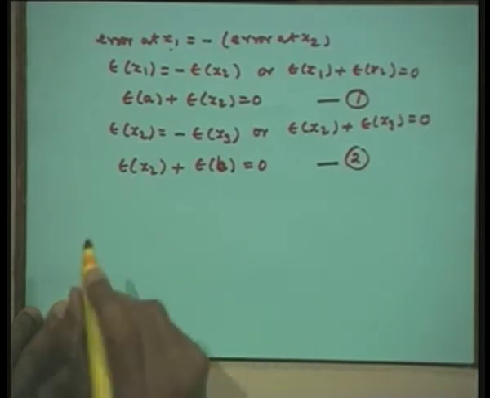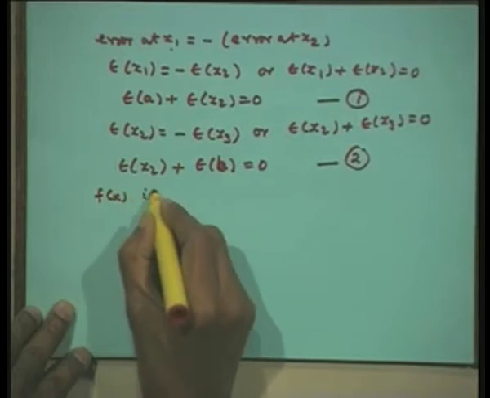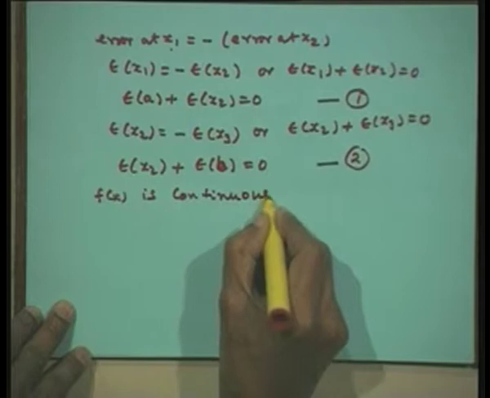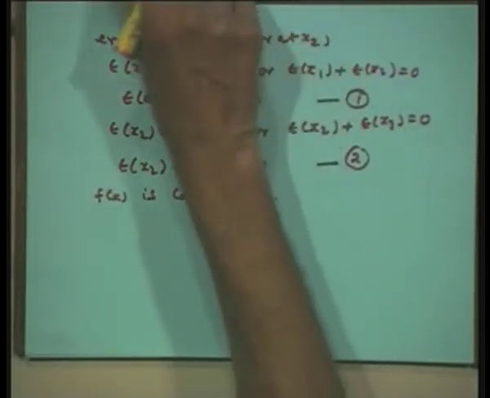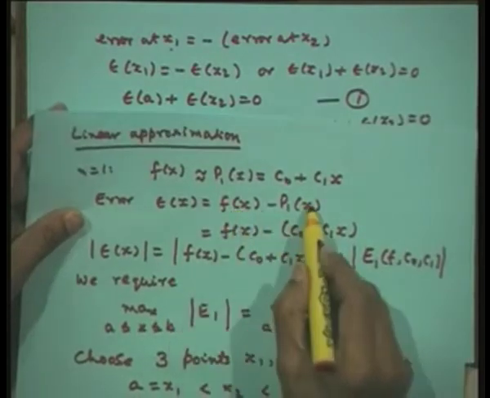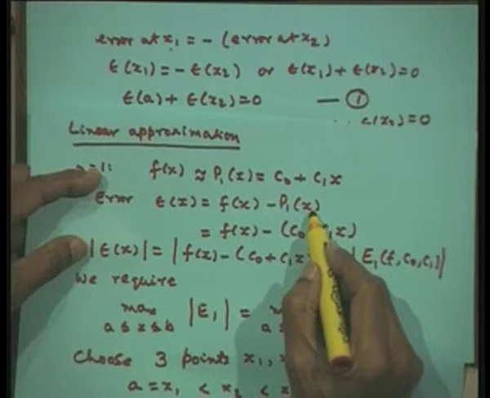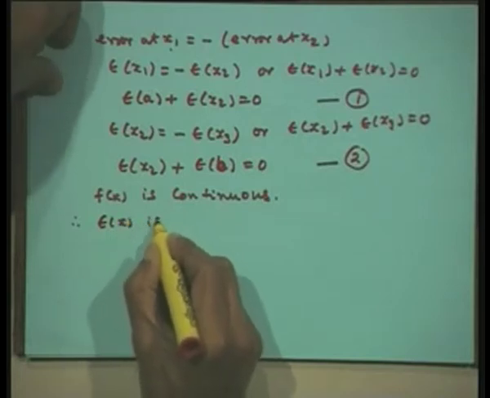Now, we know that the given function f x is continuous. Therefore, our error, which we have defined here as f x minus p 1 x, where p 1 x is a polynomial, therefore p 1 is continuous, and therefore epsilon x is also continuous.